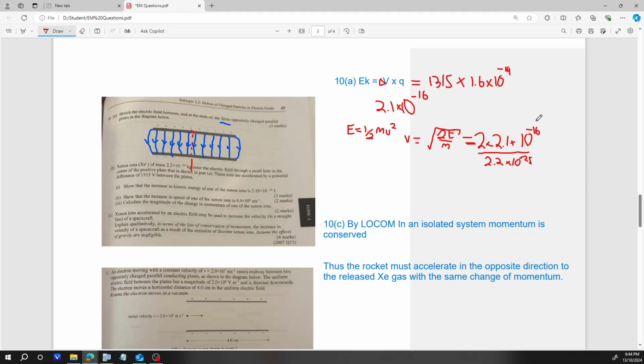And then take the square root of that. I'm just going to use the power of a half as a stand-in for that, for the way I'm writing it.